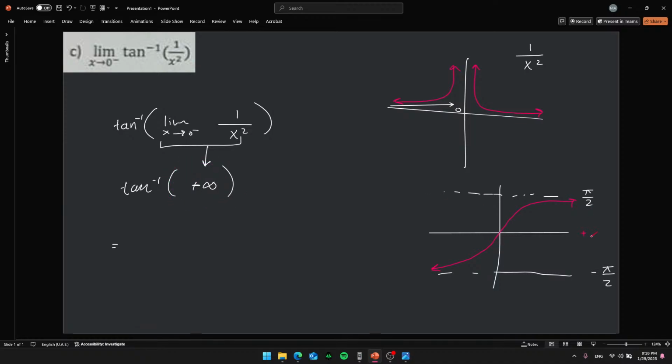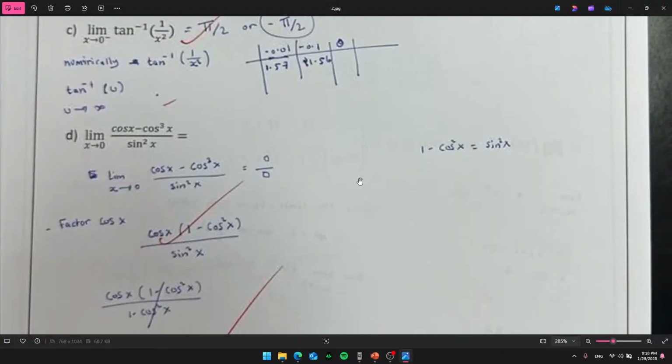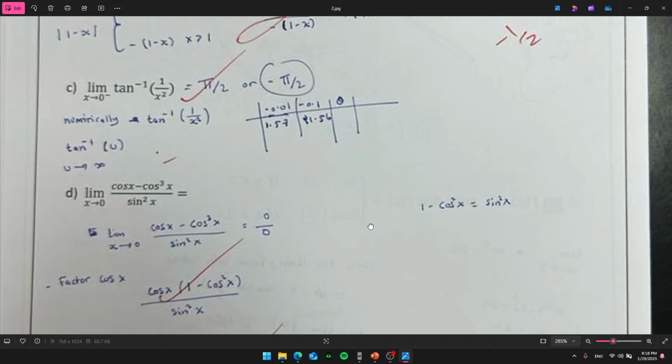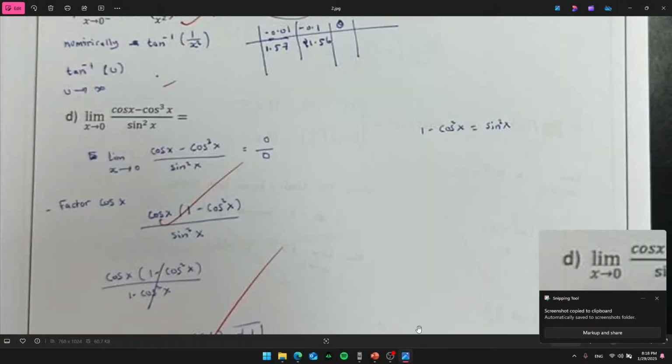This is positive infinity, this is negative infinity. So as x goes to positive infinity, it approaches pi over 2. So the answer would be pi over 2. Okay. This one is definitely wrong. Pi over 2 or negative pi over 2, this is wrong. The answer is positive pi over 2.